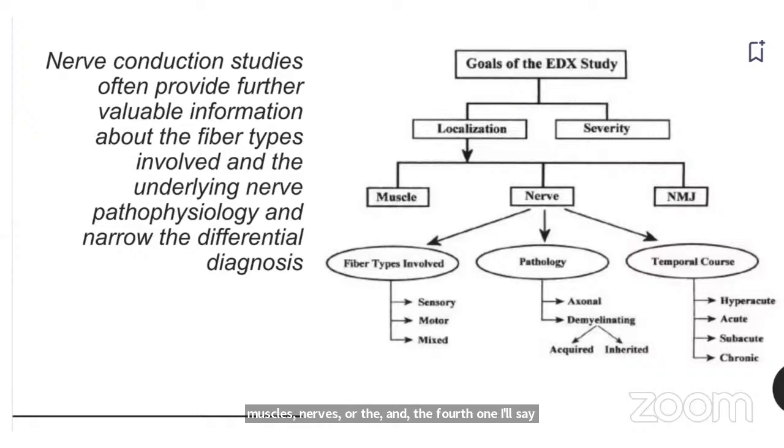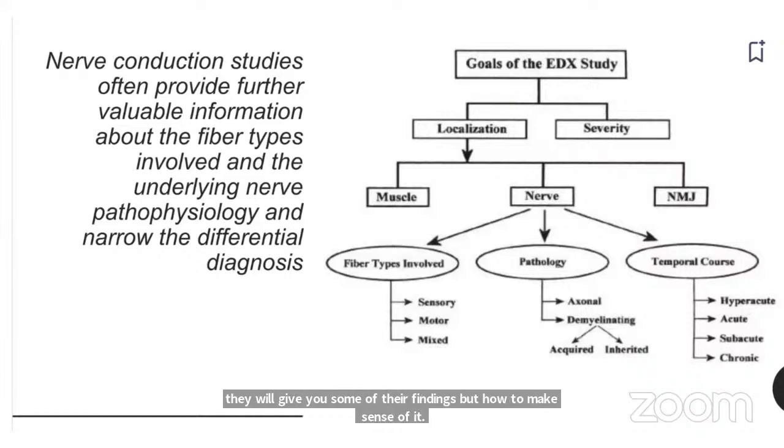We need not go into too much detail on this. This is a very extensive topic by itself. What you need to know is when to order and how to interpret the findings. Generally, you send it to your neurologic colleague and they will do some tests and give you some of their findings, but how to make sense of it becomes your job.